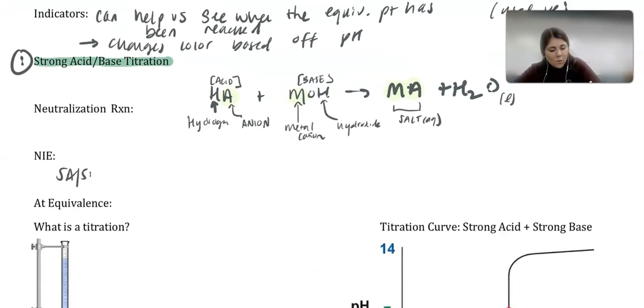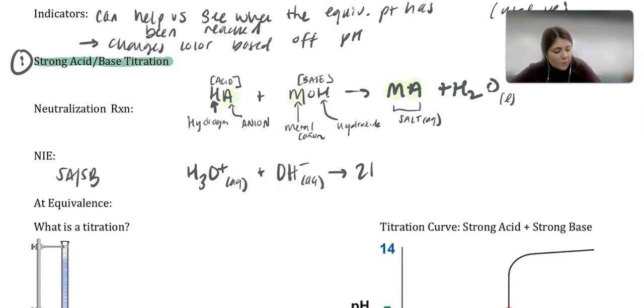So we know that strong acids and strong bases 100% break up. So what it's going to end up being is we know acids release hydroniums, so H3O positive. We know bases release hydroxides, and we will make two waters to balance out the charge.